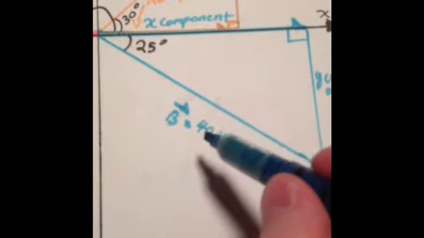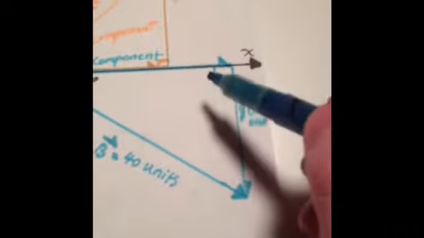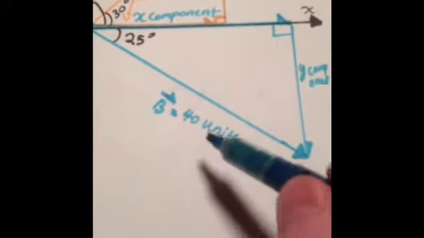Moving on to vector B, we have its x and y components. The hypotenuse of this right triangle is 40 units.